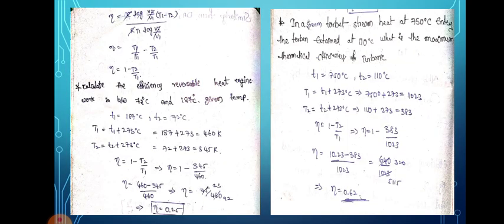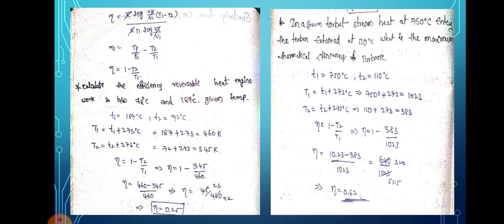So some problems on the efficiency of the Carnot heat engine. The first one is: calculate the efficiency of a reversible heat engine working between 72 degrees centigrade and 187 degrees centigrade. So given temperatures, small t1 is equal to 187 degrees centigrade and small t2 is equal to 72 degrees centigrade.